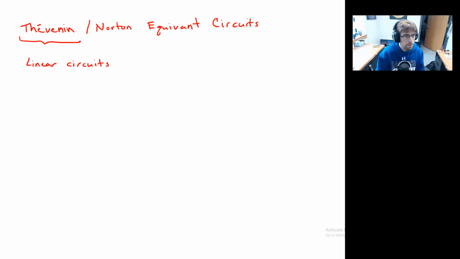Okay? And he found out that if you have a linear circuit, and it doesn't matter how complicated it is, it can be approximated or modeled as a single potential supply called the Thevenin potential. So you can model it as a single potential supply and a single resistor.